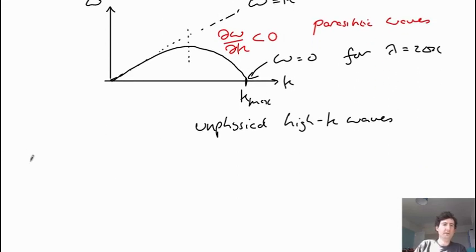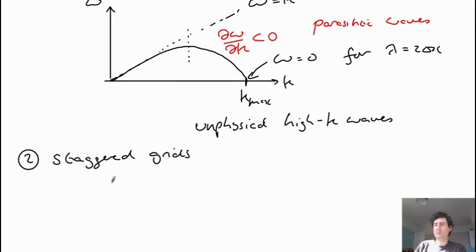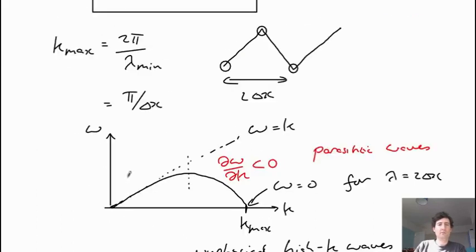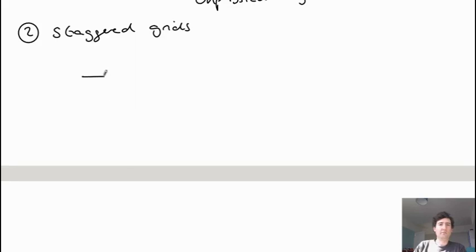And so the staggered grids have essentially the same relationship, the same derivation, except now when you're taking derivatives, actually I'll just draw it again. So here we have the x direction.